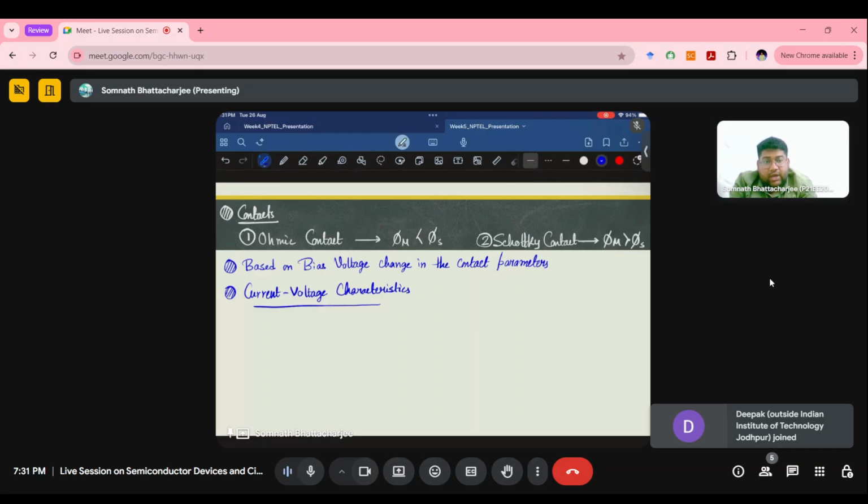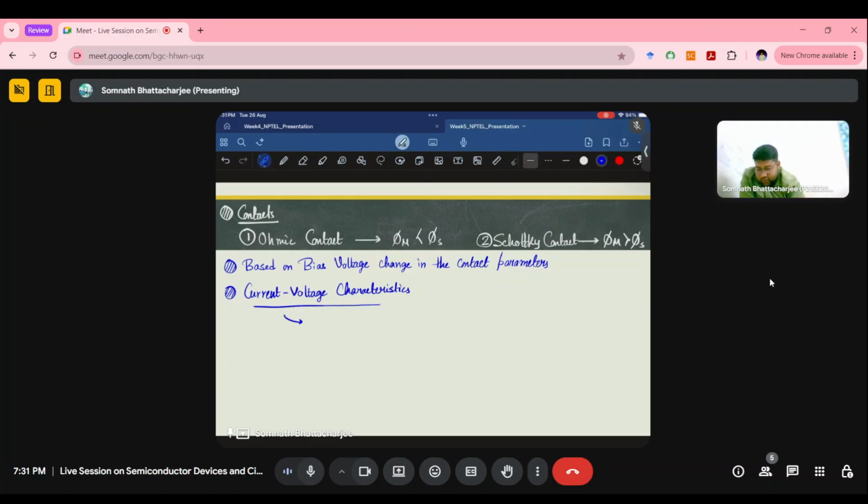For the Schottky case, there were several phenomena: diffusion, thermionic emission, and also tunneling.